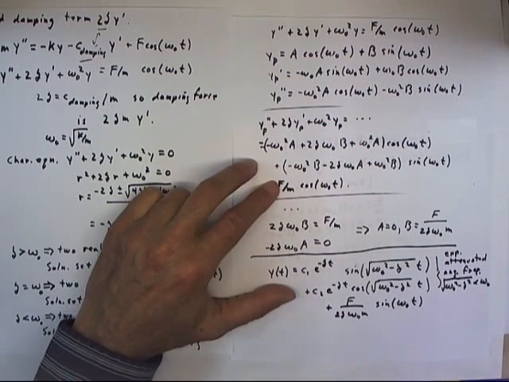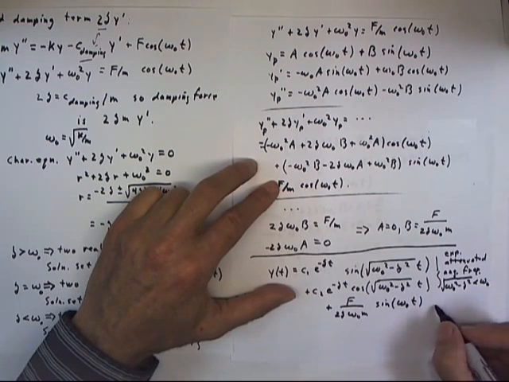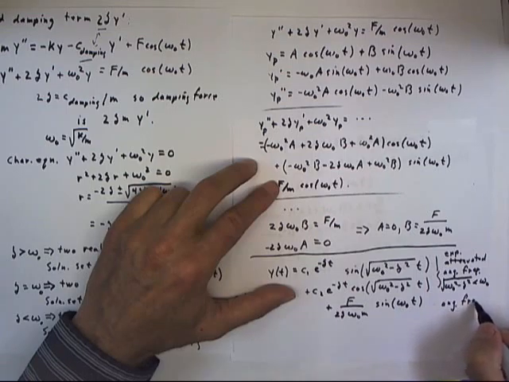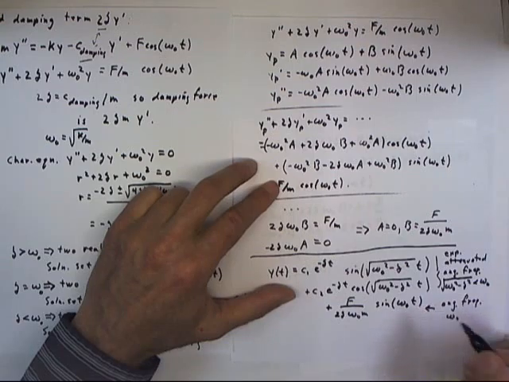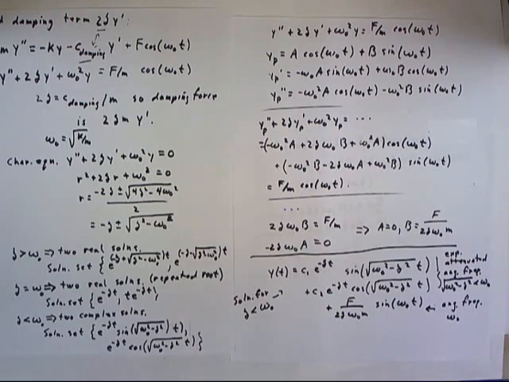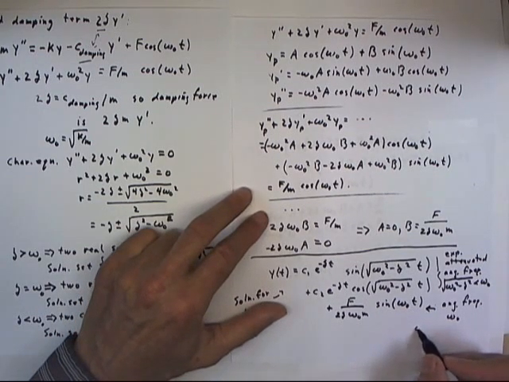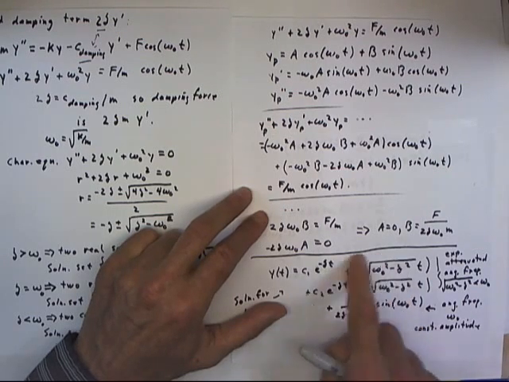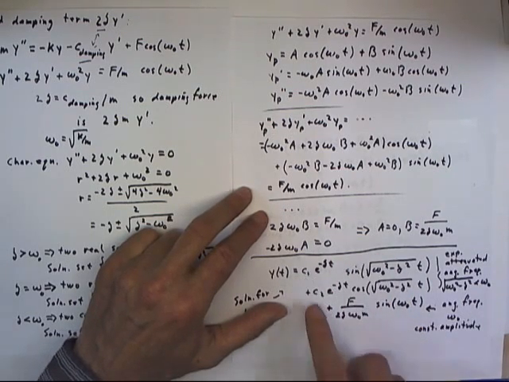This non-homogeneous term has angular frequency omega naught, and it has a constant amplitude. So we have constant amplitude, so that this term eventually takes over our solution no matter what our initial conditions are.